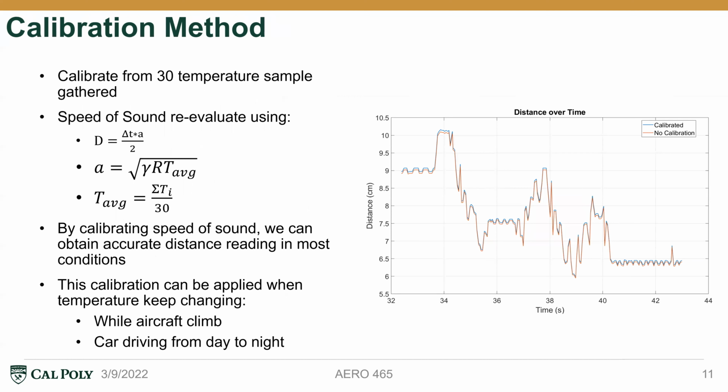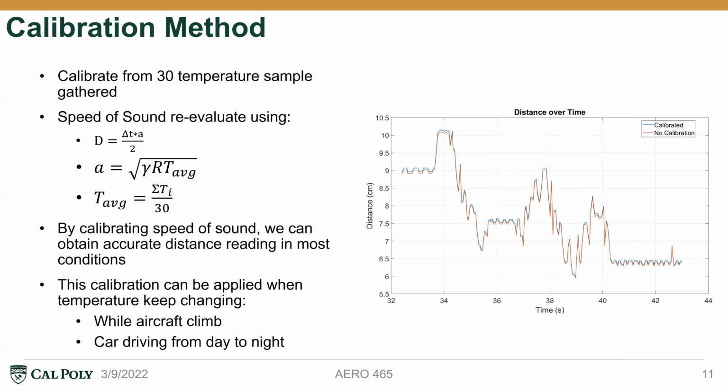Our calibration method for our sonic sensor: we calibrated it using 30 temperature samples. The way it calibrates for distance is that it takes the 30 temperature samples, takes the average, and uses the average to correct the speed of sound.